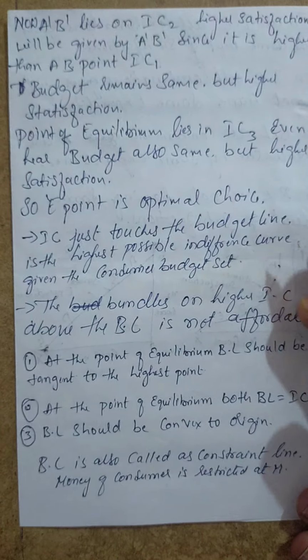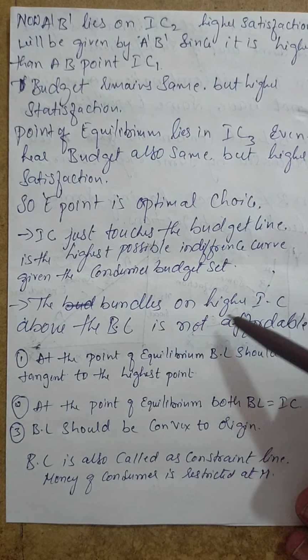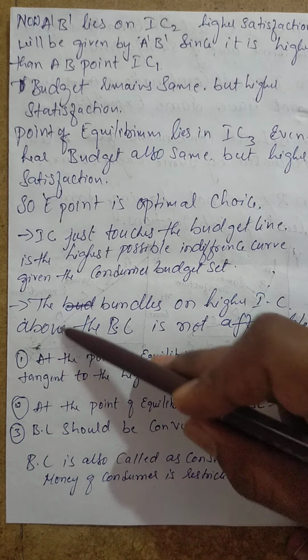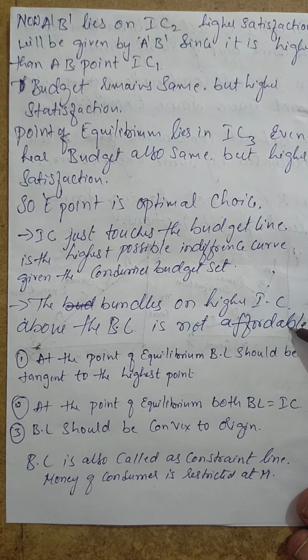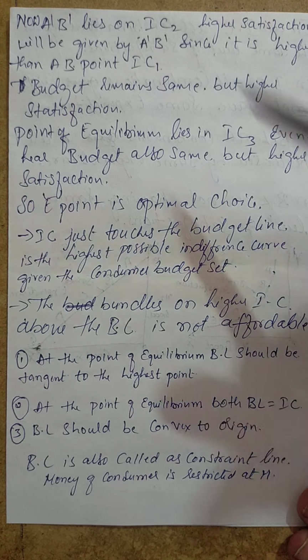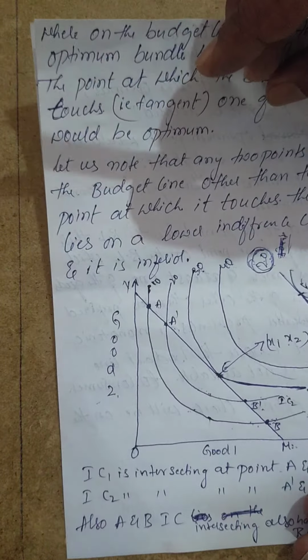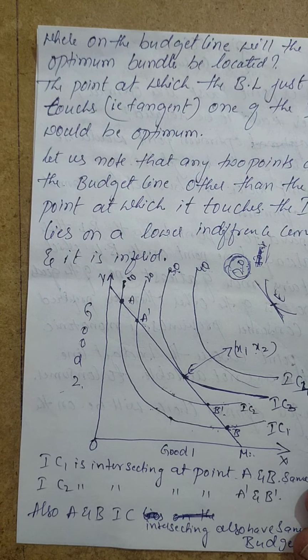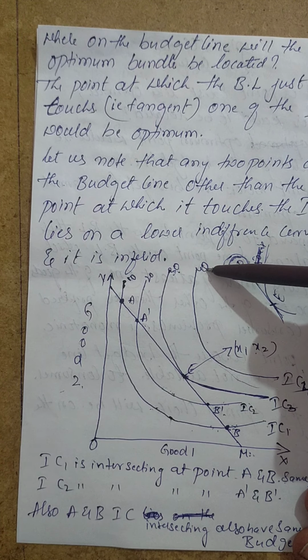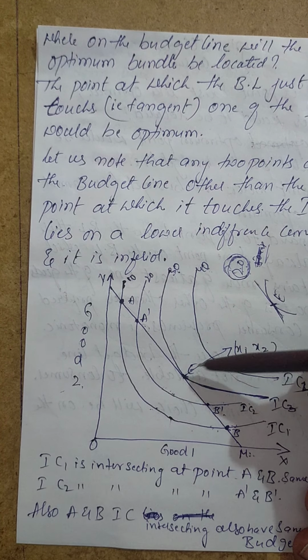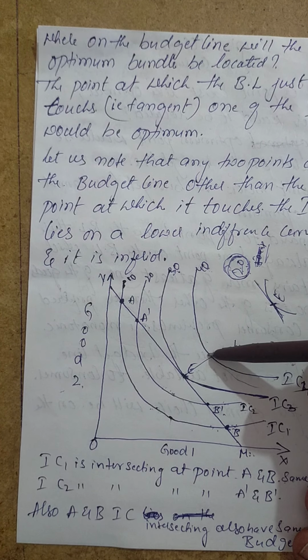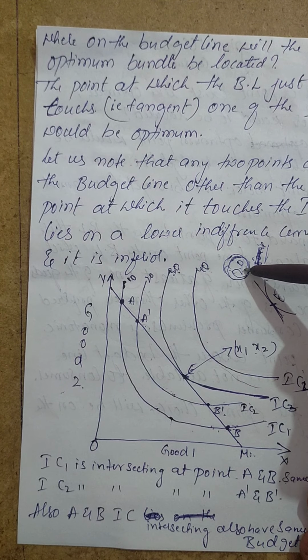Next, the bundles on the higher indifference curves above the budget line are not affordable. As I said now, this particular graph, which we call IC4, though it gives 40 units of satisfaction, he cannot afford it, he cannot buy it, because his income is just 20 rupees.